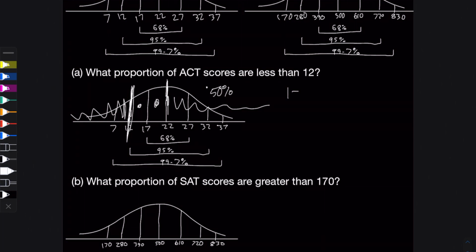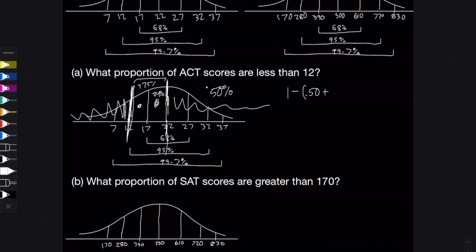So 1 minus 50% plus, or I'm going to say 0.5. 1 minus 0.5 plus, then we need to figure out half of this 68 would be 34% here. And then we would say half of our 95% in this. So these two added together would be 47.5%.